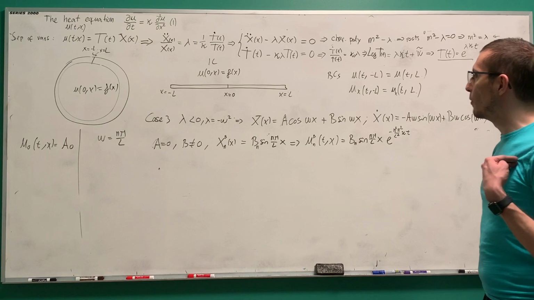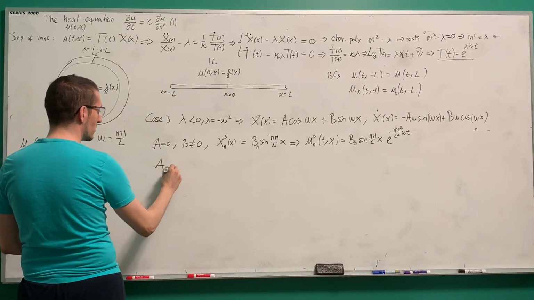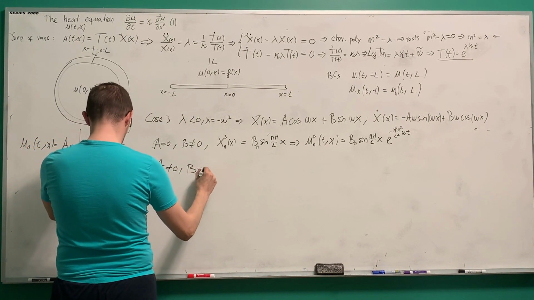Alrighty. And we also get another infinite set of solutions from the case where a is different from 0 and b is equal to 0.